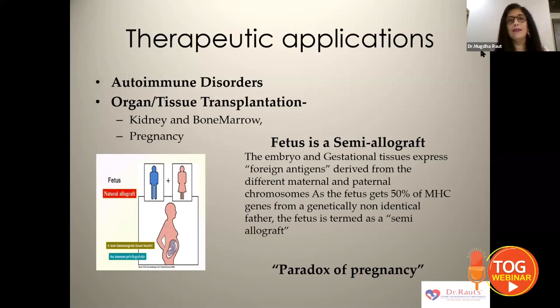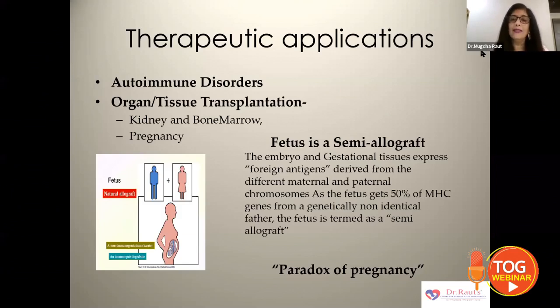So where is the therapeutic application of immunomodulation? It is used in autoimmune disorders and in organ or tissue transplants like kidney and bone marrow transplant, and pregnancy. Because in the first webinar, you may remember, I had mentioned that the fetus is a semi-allograft.